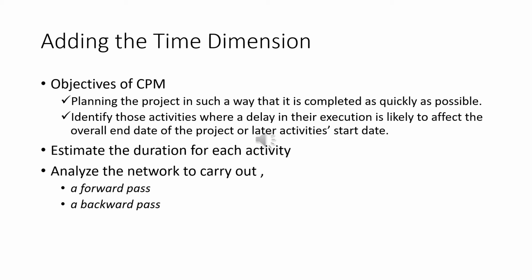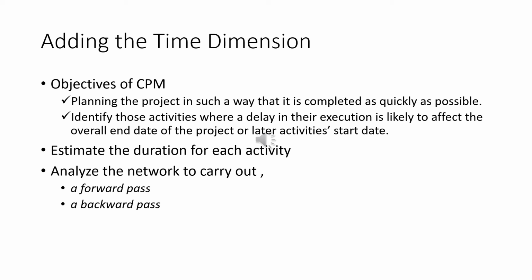It means to calculate the latest start date for each activity. Calculate the latest date on which each event may be achieved and each activity started and finished without delaying the end date of the project.